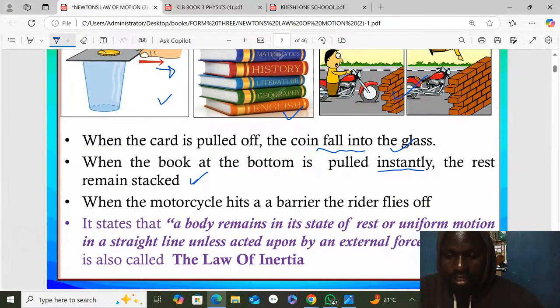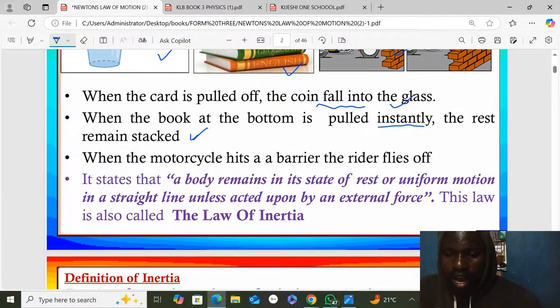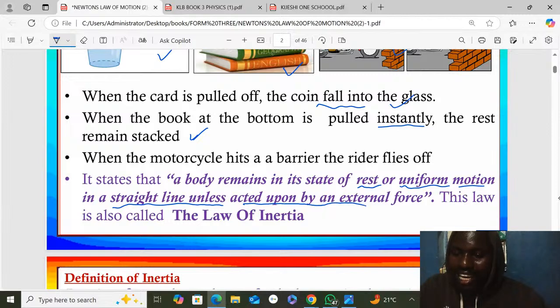Therefore, Newton's first law of motion is stated as: a body remains in its state of rest or uniform motion in a straight line unless acted upon by an external force. This is also the law of inertia.